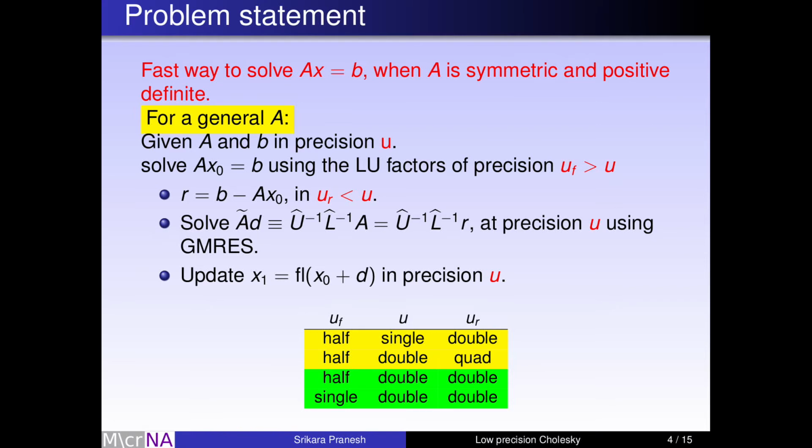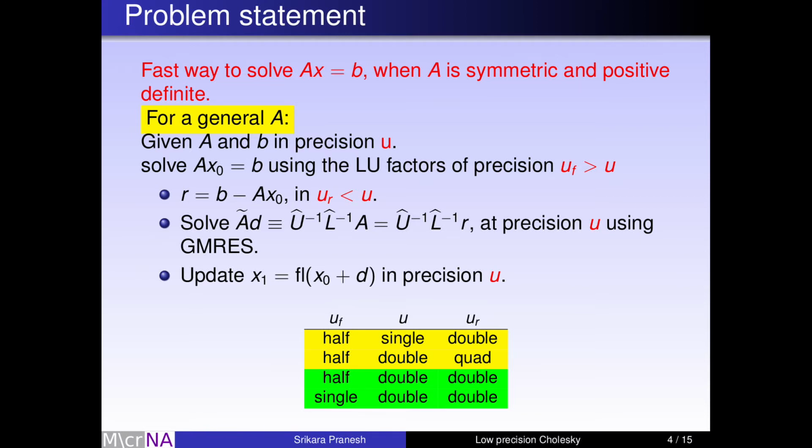Why would this work? The first step is to do an LU factorization in low precision and find an approximate solution. Then you use that low precision factor as a preconditioner to refine the solution to whatever quality you want. Why should this work? This step is order n cubed, and everything after that is order n squared.